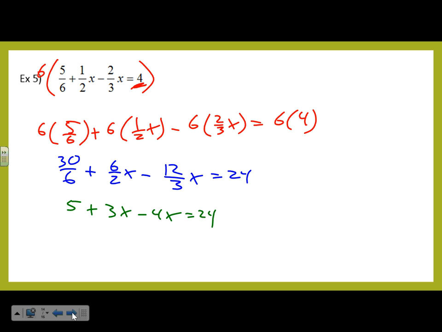Combine my like terms, 5 minus x, 3 minus 4 is just 1x. Subtract 5. Negative x is equal to 19. Divide by negative 1. X is equal to negative 19.